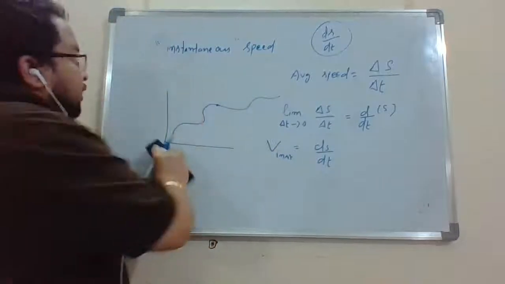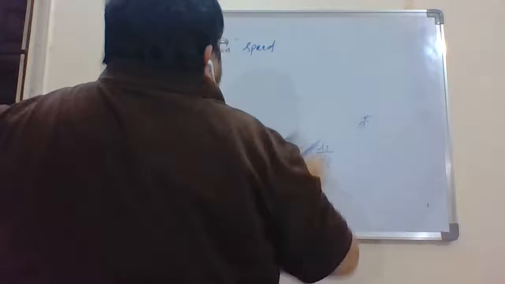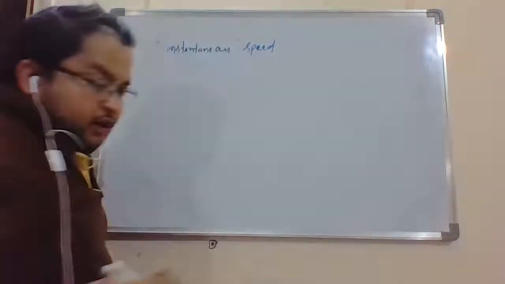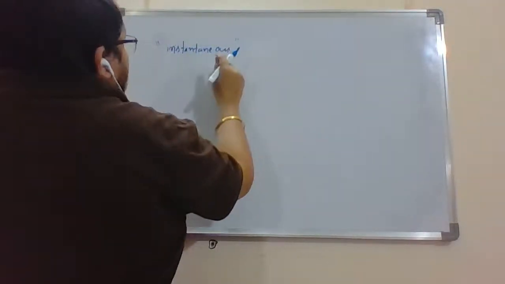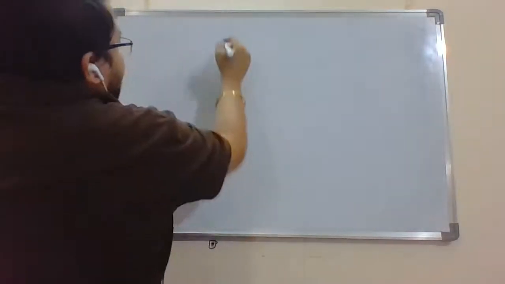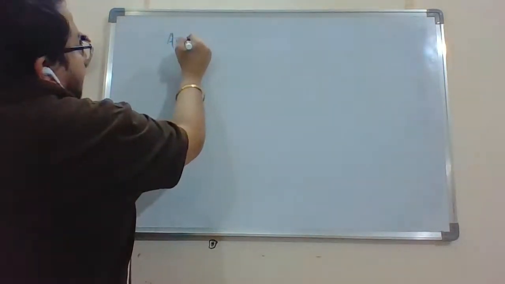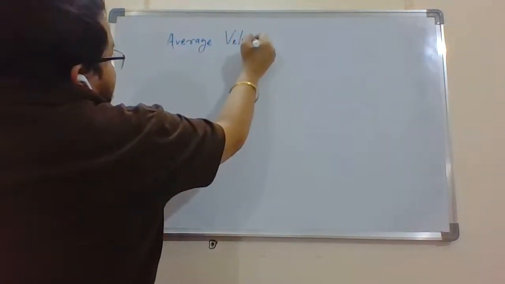Now let us introduce one more physical quantity called velocity. We will start with a similar thing, average velocity.